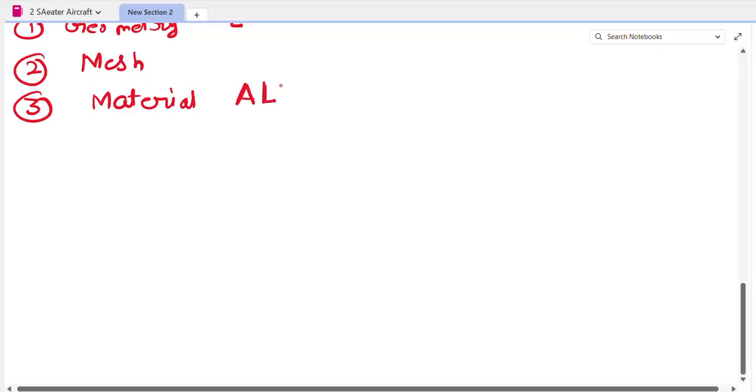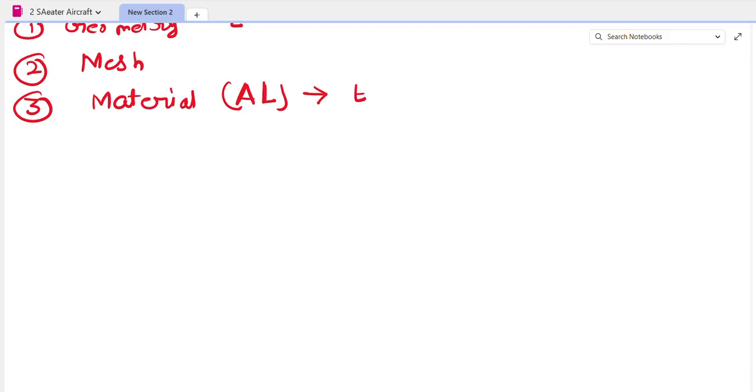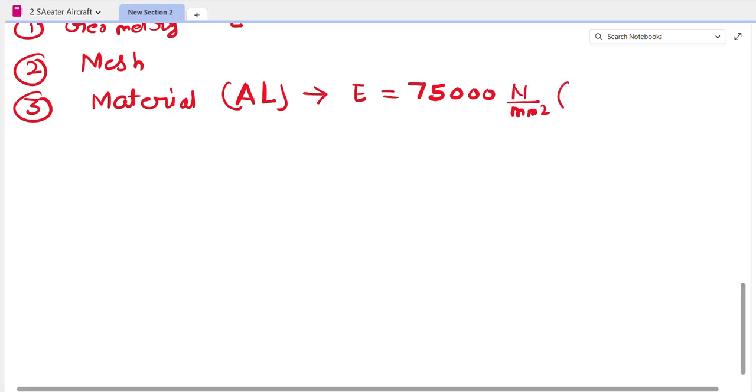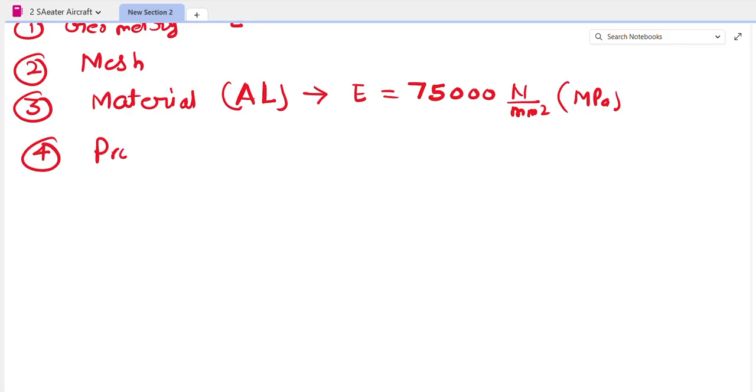I will give the Young modulus E equal to 75 into 10 to the power 3 Newton per millimeter square, in bracket you can say megapascal. Fourth, I will define the property. This is the wire, so I will select the circle.